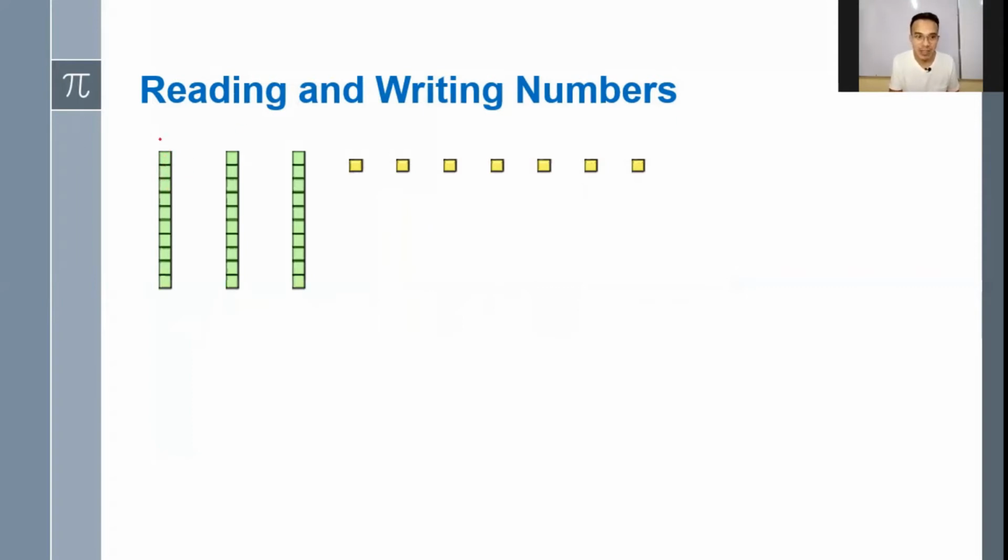This is 10. This is 20. So 10, 20, we have to count in tens. 10, 20, 30, and this is just 1, right? 1 block, so we have 31, 32, 33, 34, 35, 36, and 37.